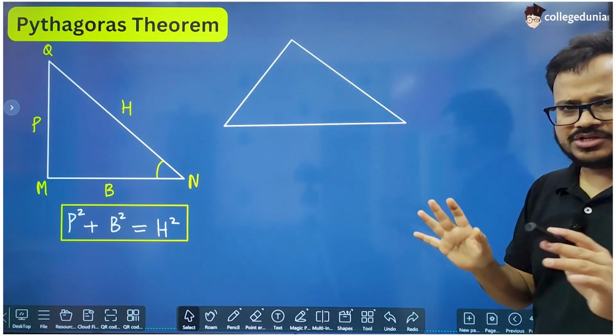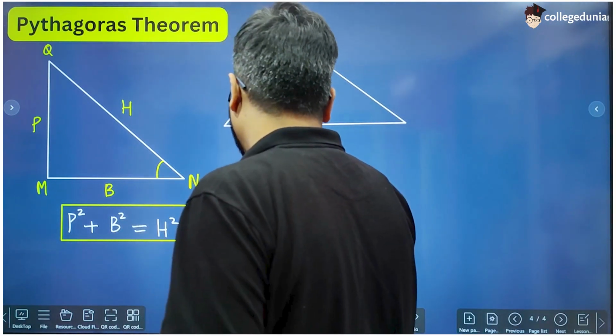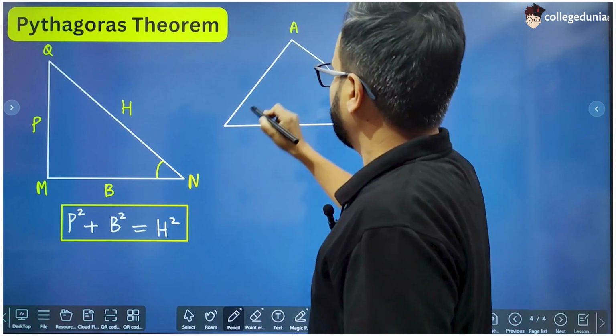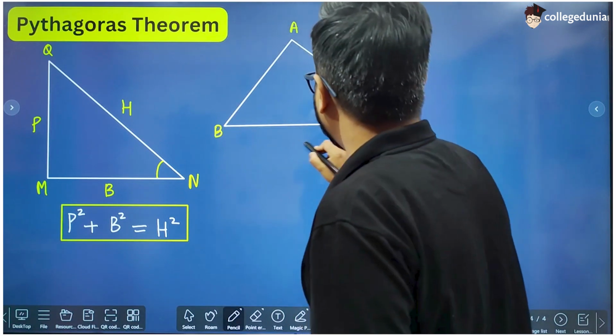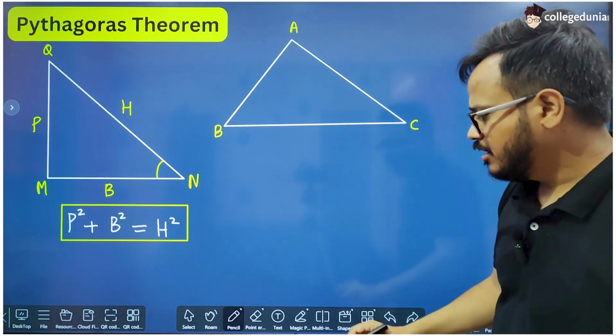If we can draw this triangle like this, right? So there is no difference, it is still a right angle triangle. Let us say that this vertex is A, let us say this vertex is B, and this vertex is C. So this triangle is right angled at A.